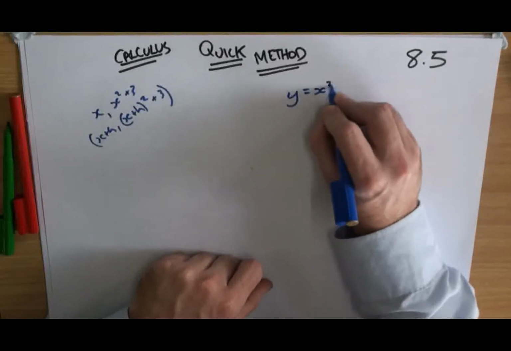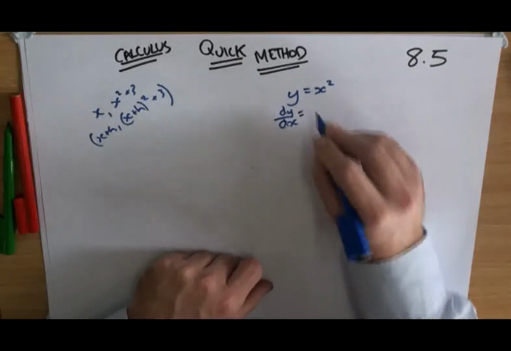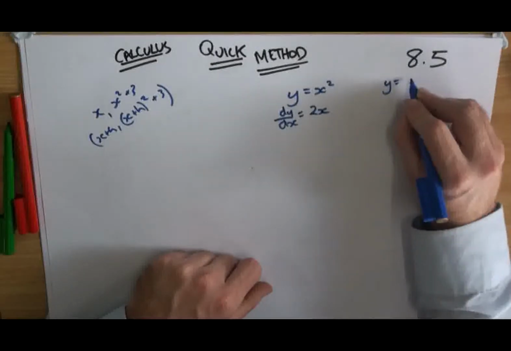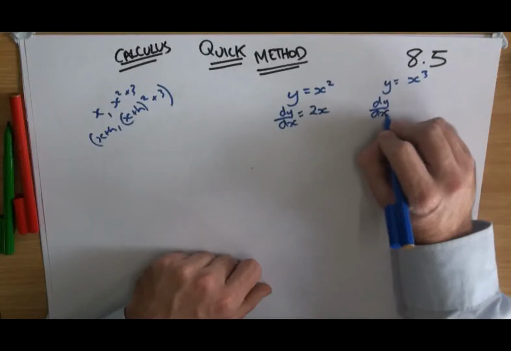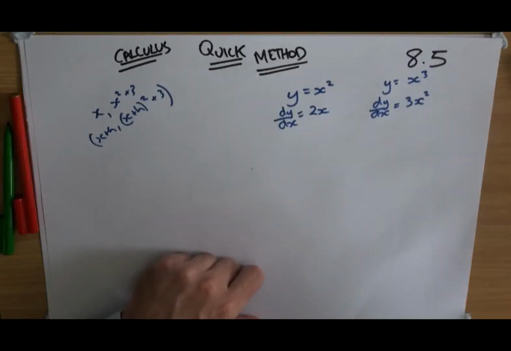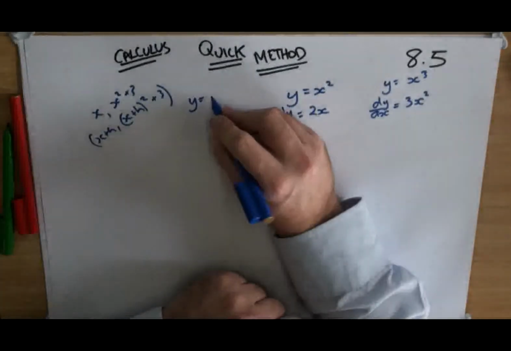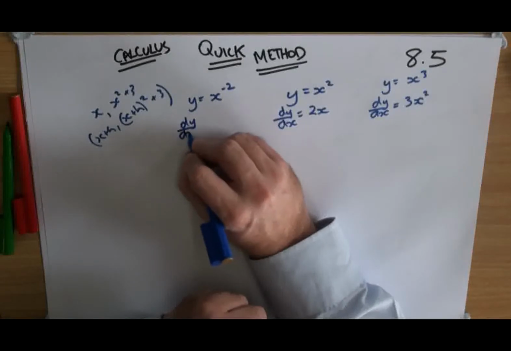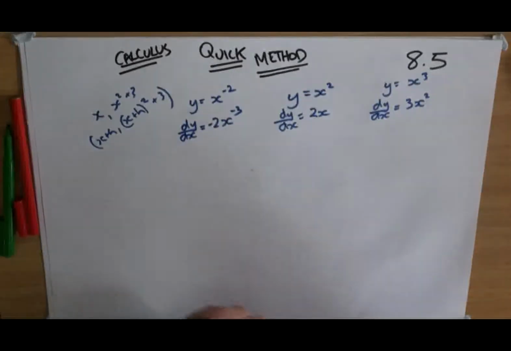When we have y equals x squared, our derivative, which we also write as dy dx, winds up being 2x. If we have y equals x cubed, our derivative, dy dx, winds up being 3x squared. And if we have y equals x to the negative 2, our derivative winds up being negative 2x to the negative 3.